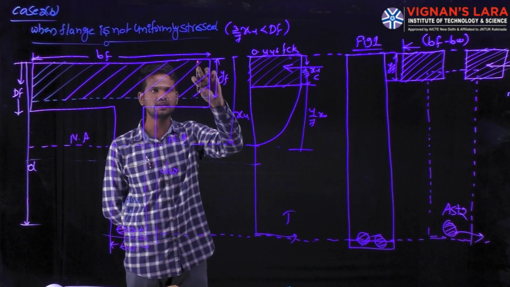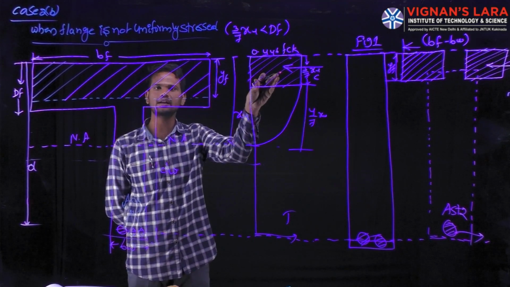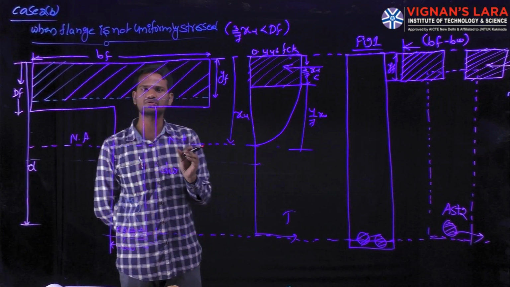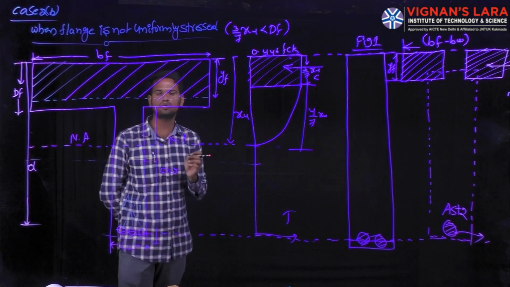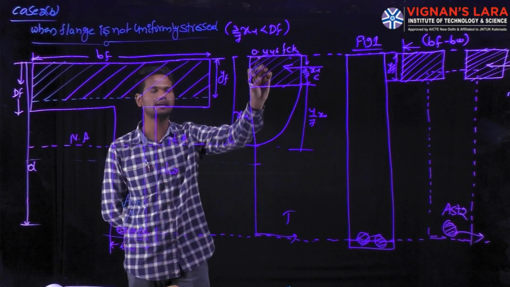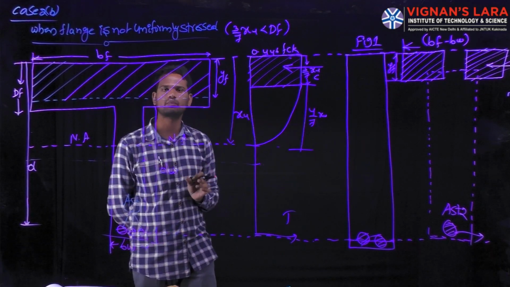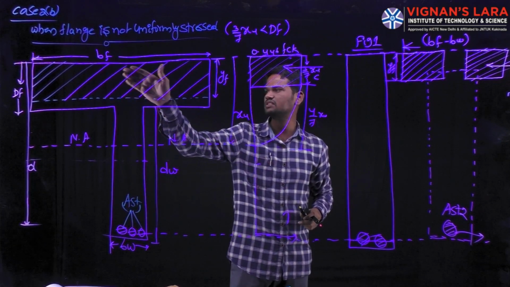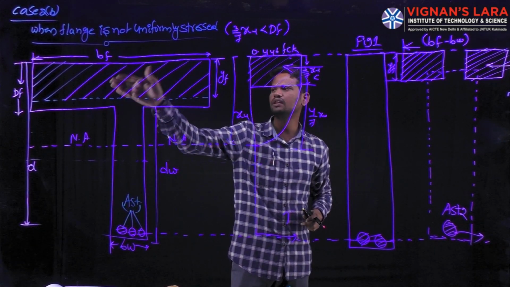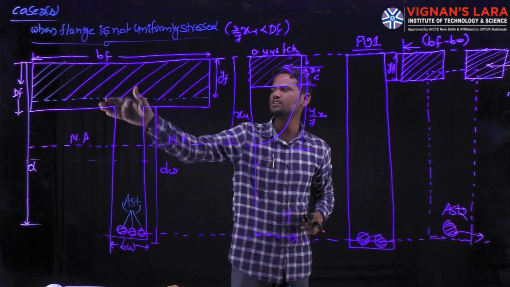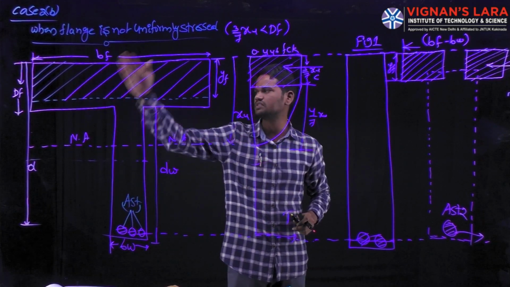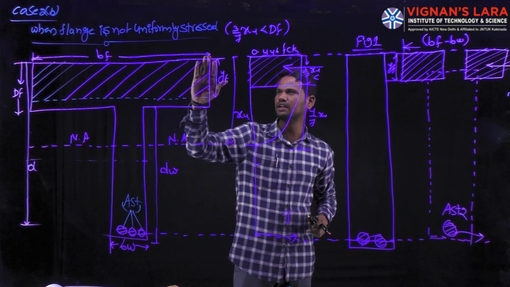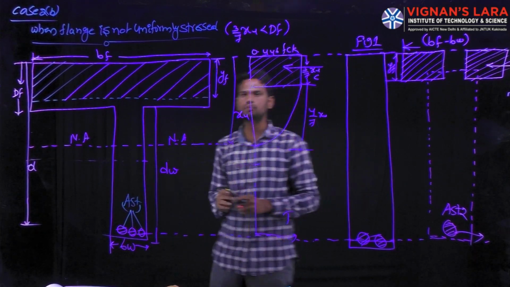That means in the flange portion some amount of rectangular stress is developing, as well as some amount of parabolic stress. In the previous condition the entire flange block had stresses. In the present condition we have stresses only up to a certain distance.